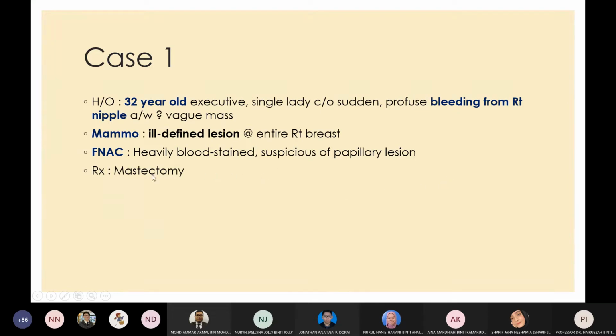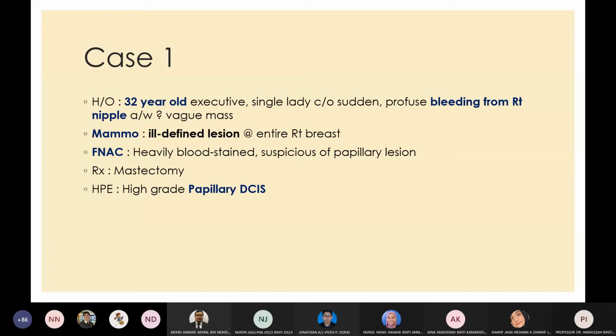Because the FNAC could not 100% confirm what the lesion was, they proceeded to do a removal, a total mastectomy. They removed the whole breast. Then they found the mass was quite spread out all over the breast, and the diagnosis came as papillary DCIS. DCIS stands for ductal carcinoma in situ.